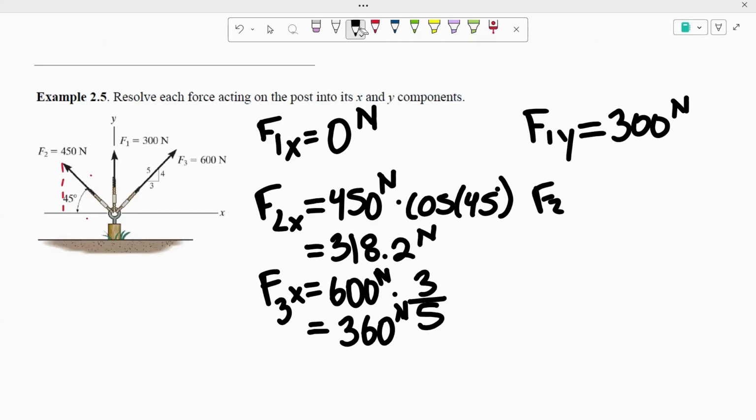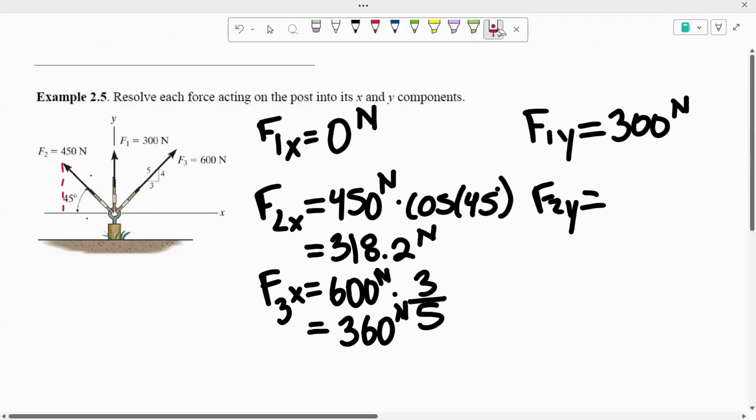F2 of y. Instead of using cosine, we're going to use sine, because this time we are trying to find this side right here, and we're given the hypotenuse. So that's opposite and hypotenuse, and we know that sine is opposite over hypotenuse.